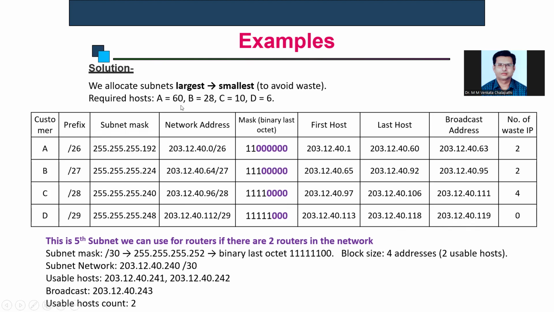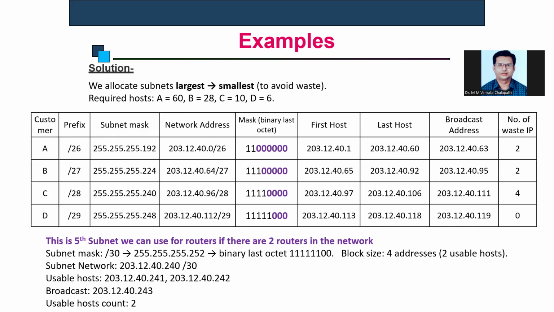First, consider A. It requires 60 systems. We can't take 60 directly, because everything is considered in powers of 2. The nearest power of 2 for 60 is 64, which can be represented as 2 to the power of 6.